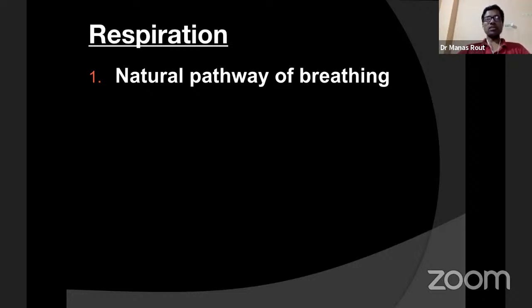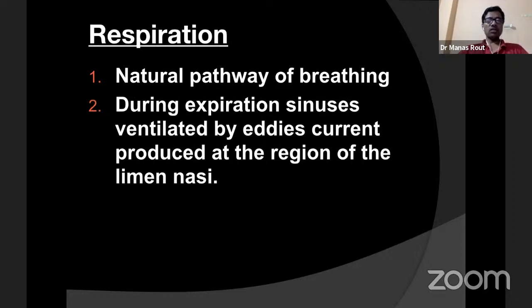So during passing through the nose, certain changes occur so that the oxygen can easily diffuse into the blood circulation. Now, during expiration, the sinuses are ventilated by eddy currents produced at the region of the lamina. In the anatomy classes, we discussed a small elevated area called the lamina at the region of the nasal valve. So what happens?